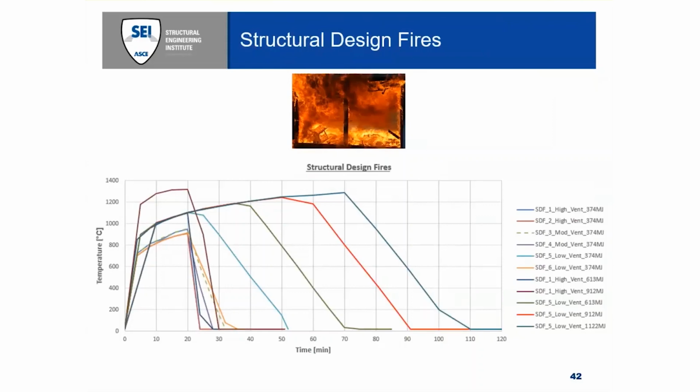Also shown here are different combinations of fuel load, compartment geometry, and ventilation, and the fires range in peak temperature from about 900 centigrade to 1300 centigrade, and durations that last between about half an hour and 2 hours, depending upon the specific conditions that are present.